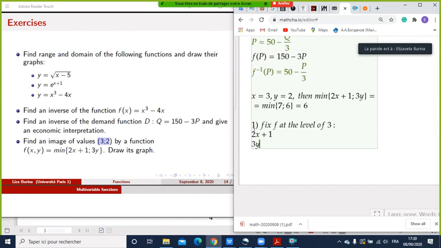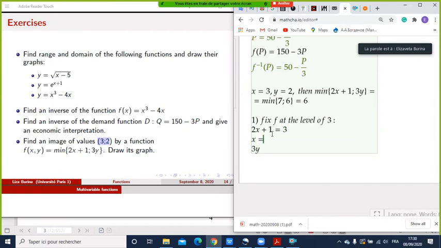So what we have to understand is that for 2x plus 1, given it equals 3, then x will be equal to, I'm taking 3 here and saying given it's equal to 3 just because right now I'm fixing f at 3, x is going to be equal to 1 here, correct?